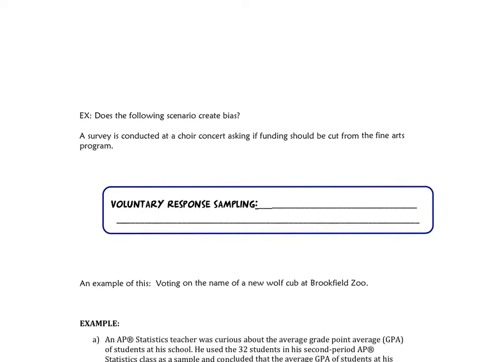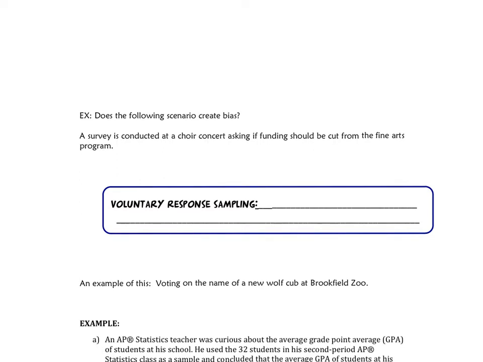Their children are in it, they are in it, their family members are. So of course they're going to say, no, funding should not be cut. So this does create bias. This is a convenience sample. I'm going somewhere where people are easy to reach, and the individuals would most likely oppose budget cuts. So the value of what I'm trying to find is either overestimated or underestimated in this situation. And in this one, it would be overestimated. I'm going to have a lot of people saying, no, it should not be cut.